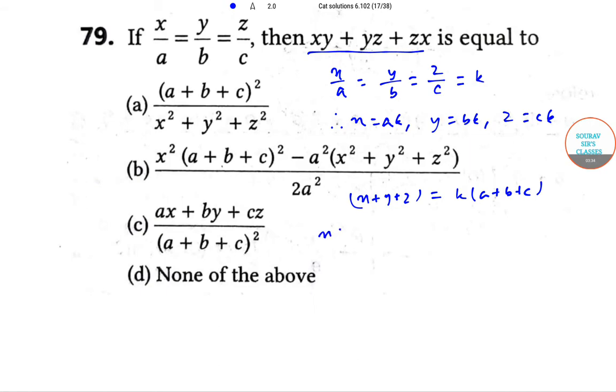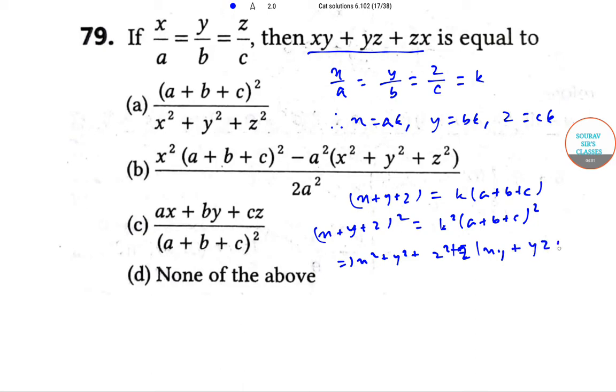Therefore, x plus y plus z whole squared is equal to k squared into a plus b plus c whole squared, or x squared plus y squared plus z squared plus 2 into xy plus yz plus zx is equal to k squared into a plus b plus c whole squared.